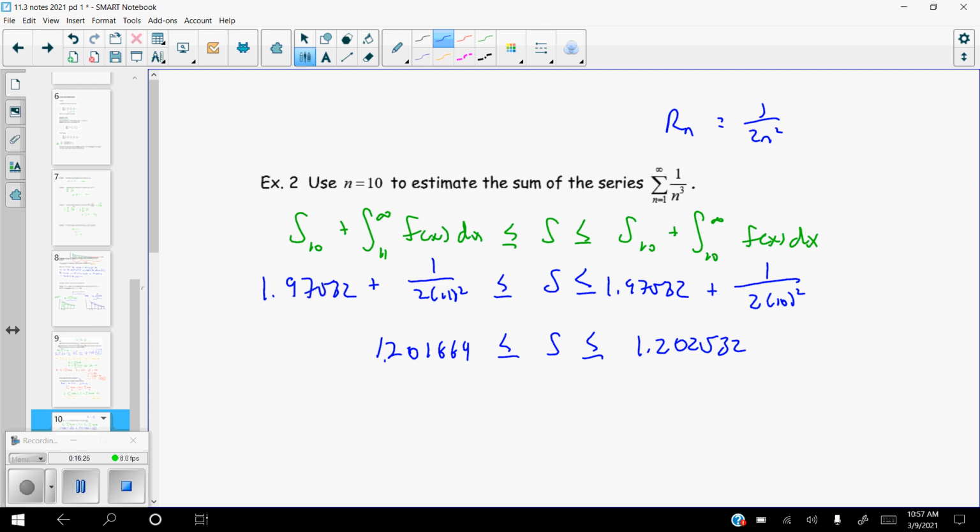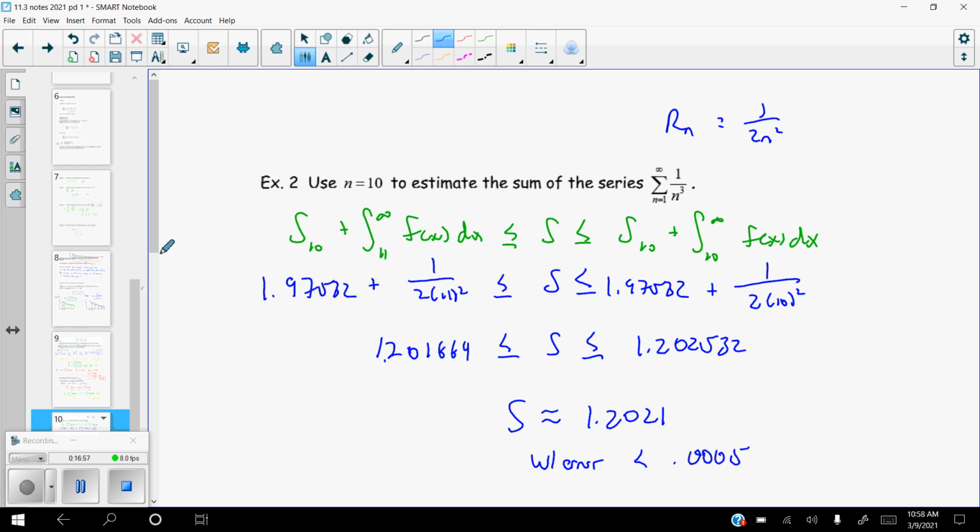If you take those two, add them together and divide by 2, or average them, then the actual sum is approximately equal to 1.2021, with an error of less than 0.005.